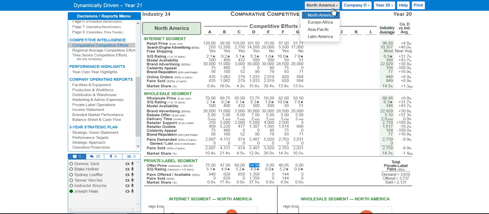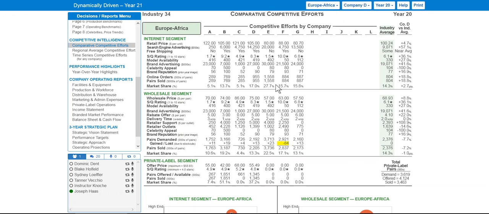If you look at Europe, they tried to undercut us again in Europe. They sold 1,800 pairs. They were hoping to kill us because they only sold it for $42. Because this is a bidding.